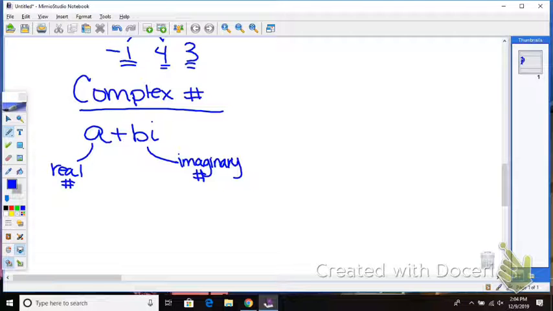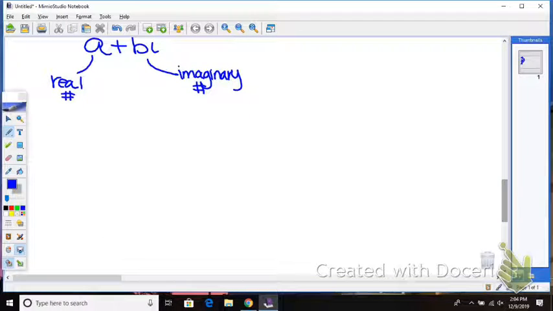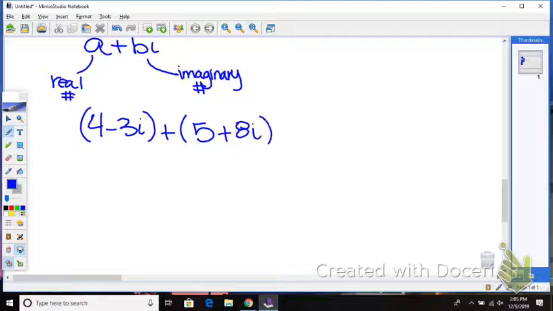When we go to add, subtract, and multiply these complex numbers, treat the i like an x, and everything's the same. All the rules are the same. So let's start with adding complex numbers. When you have something like 4 minus 3i plus 5 plus 8i, we're just adding, not multiplying.